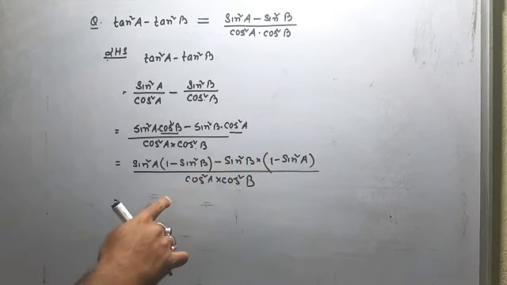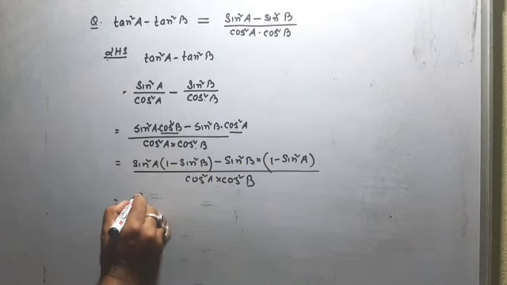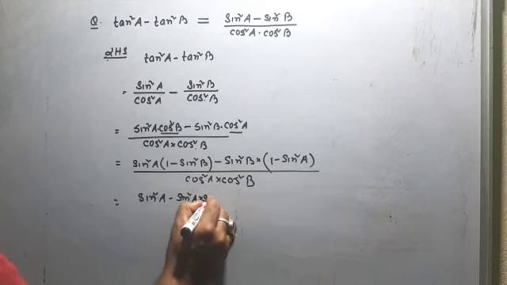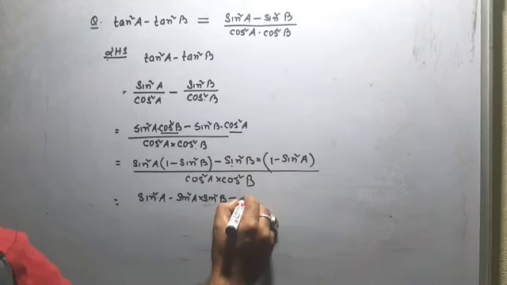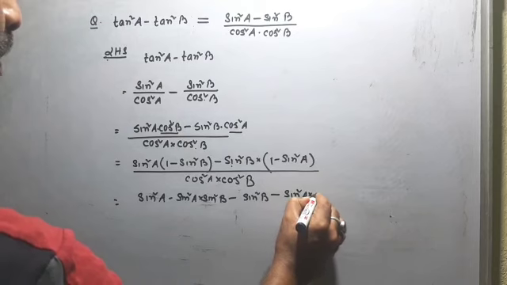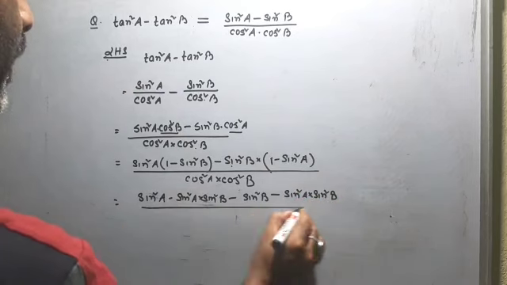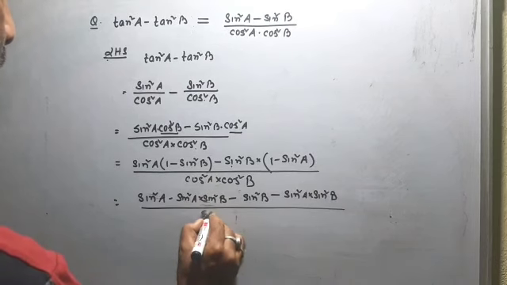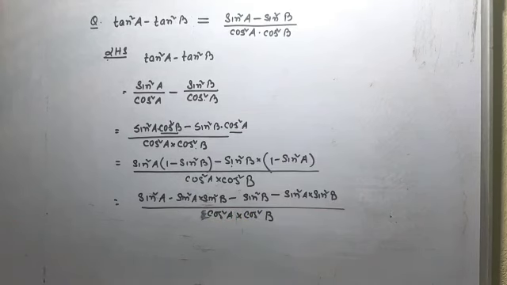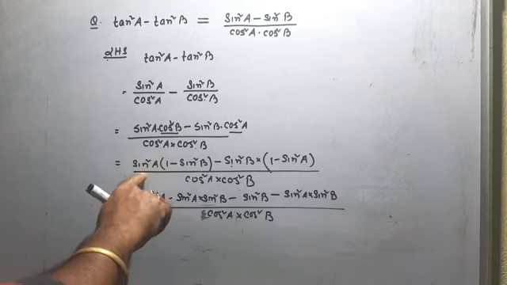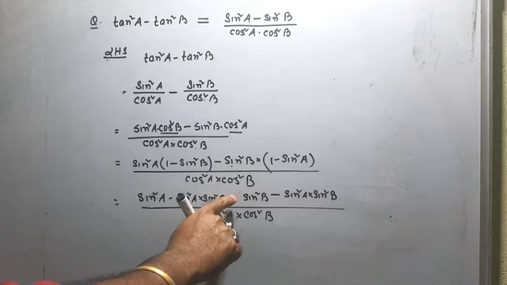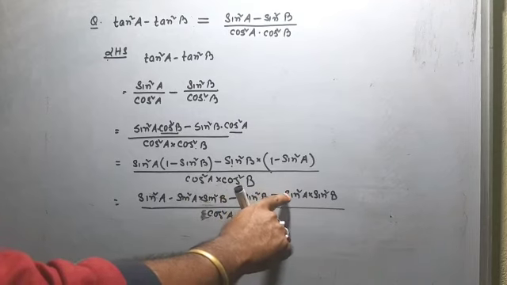Now you multiply sin square a into 1 minus sin square b, and again minus sin square b into 1 minus sin square a, and the denominator remains the same. No need to change it now. So cos square a into cos square b. Clear? So I multiply sin square a into 1, sin square a into sin square b, again sin square b, and then sin square b into sin square a.